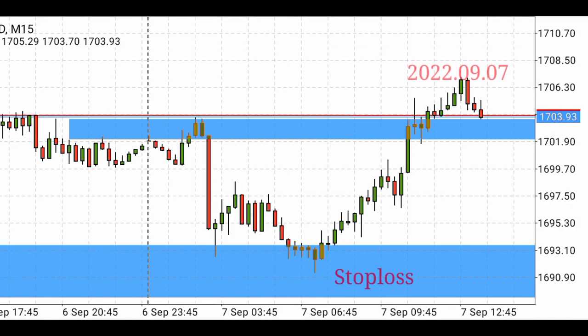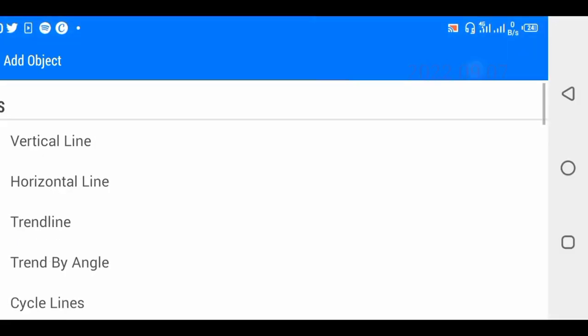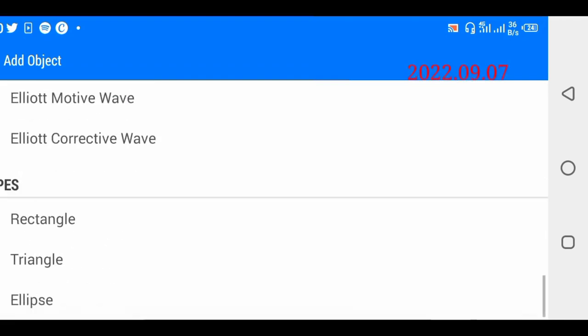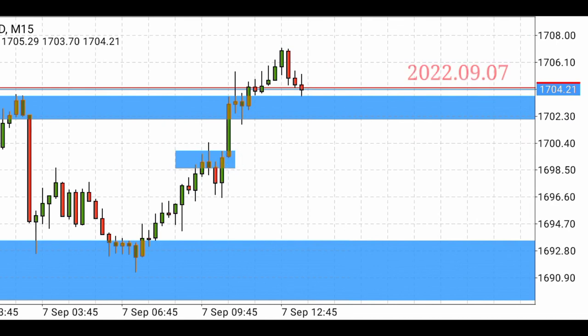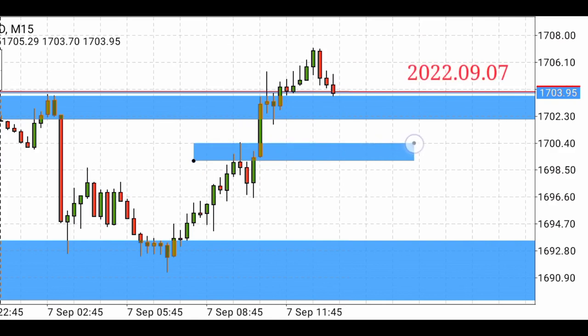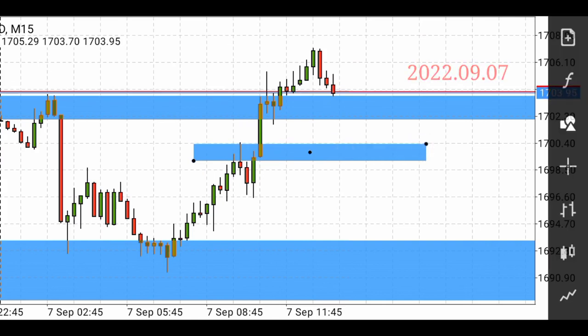However, if you want to be more conservative, you will see that we have another swing high in this 15 minutes time frame. Swing high and swing low. So in this 15 minutes time frame, we can see that we have another swing high here. So we should be looking for how price will react at this point.